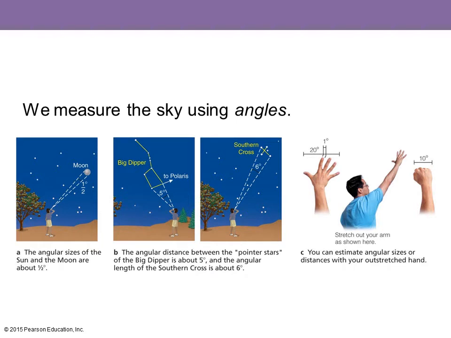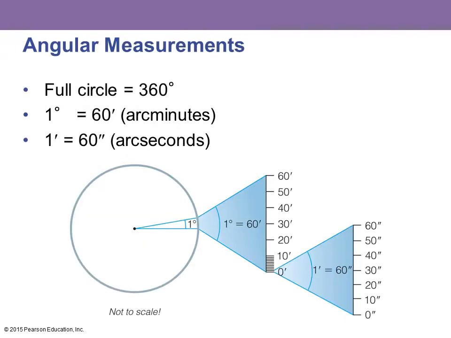We can measure things in the sky, both the daytime and the nighttime sky, using angles, and we usually use degrees. So as you see in these diagrams, we can measure the angular size of different objects in the sky. A full circle is, of course, 360 degrees, but we can take 1/360th of a circle, that's 1 degree, and subdivide it.